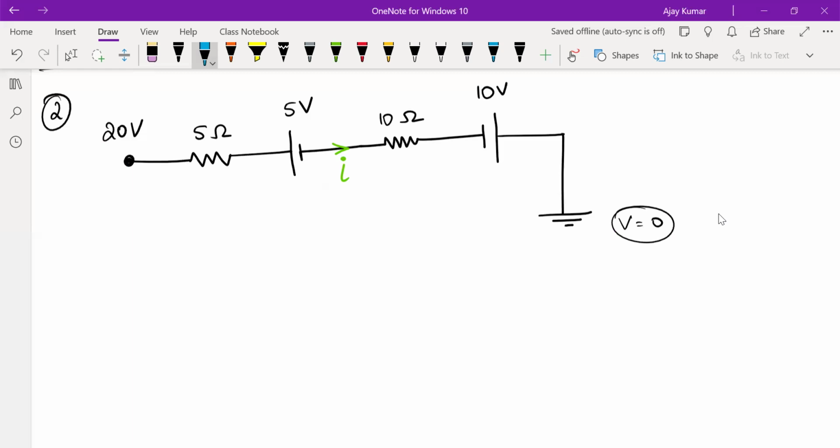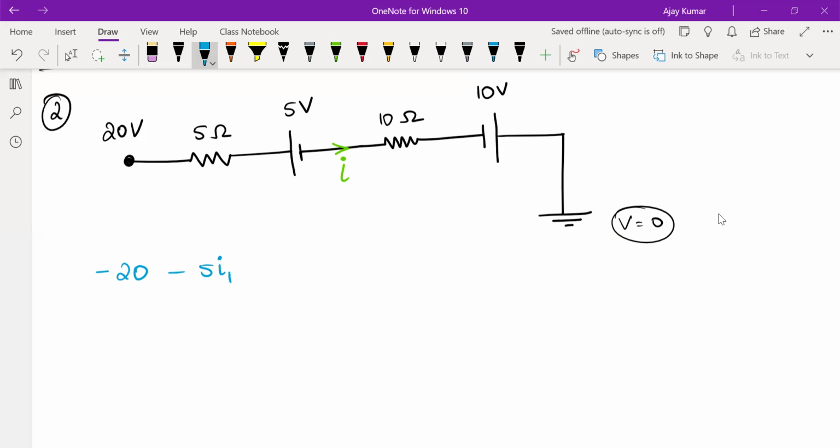Okay, continue. You'll write minus 20 is equal, and then? Since I1 is flowing through the resistance also, I'll take it as minus IR. So minus 5I1 you will write.